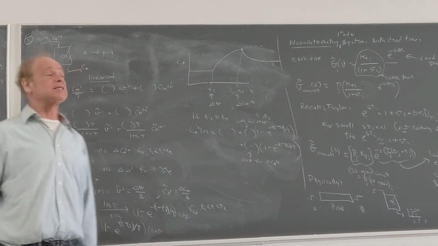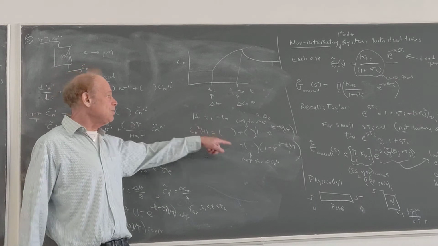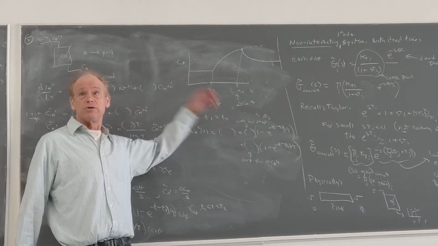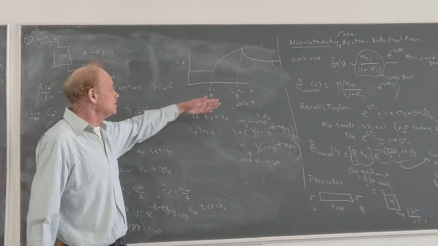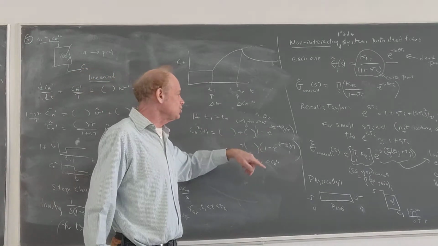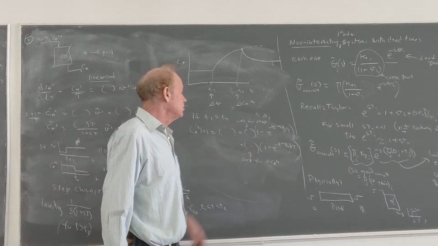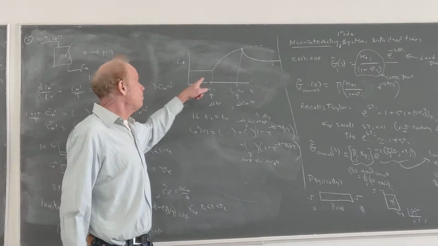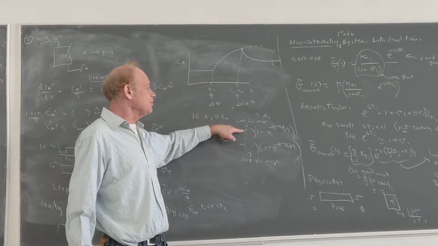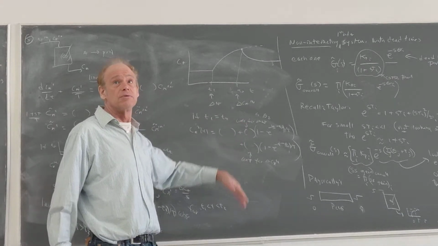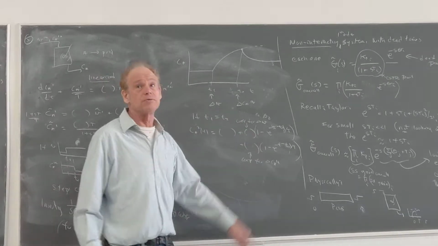So if they happen at the same time, then you just add these two. And of course, depending on how big the coefficient is, if this coefficient is bigger than this coefficient, then it goes up, and if this coefficient is bigger than this coefficient, it goes down, because I can factor this out.